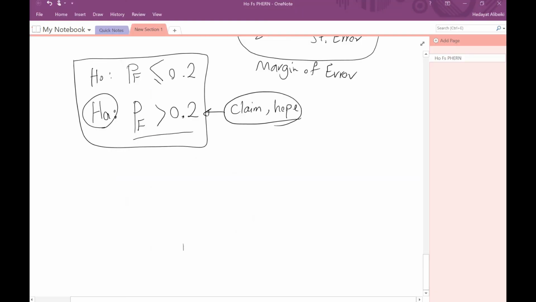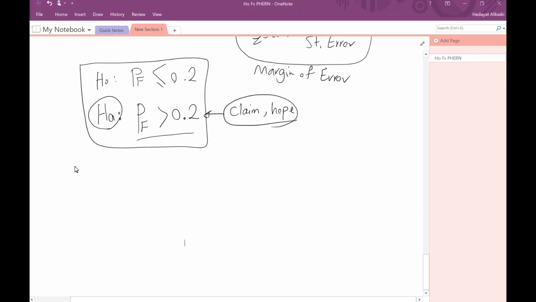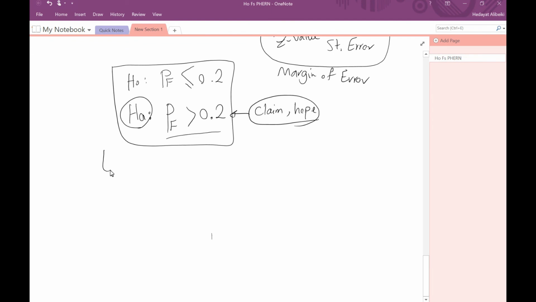The test stat for this hypothesis set would be P bar of F, which means the sample proportion of female, minus the hypothesized value, divided by the square root of hypothesized value times 1 minus hypothesized value divided by n.